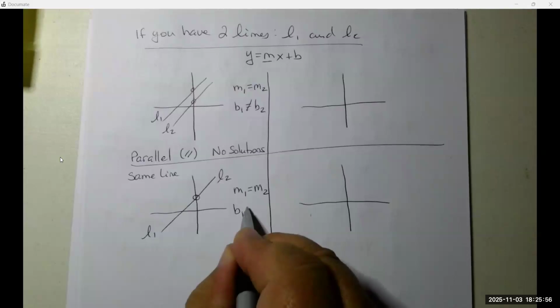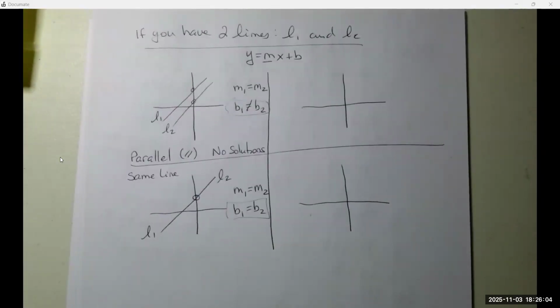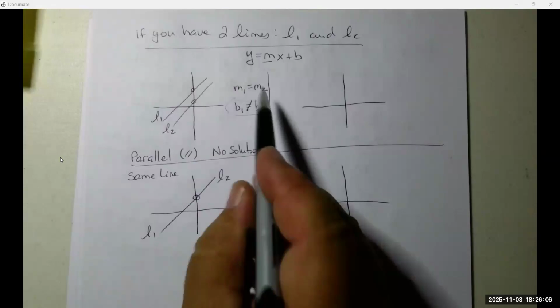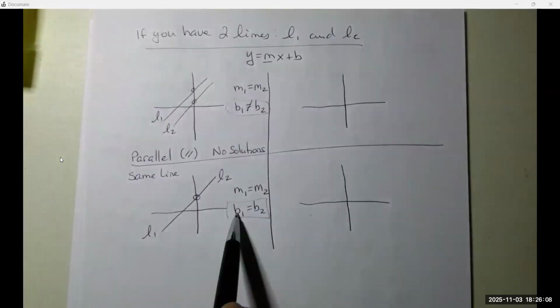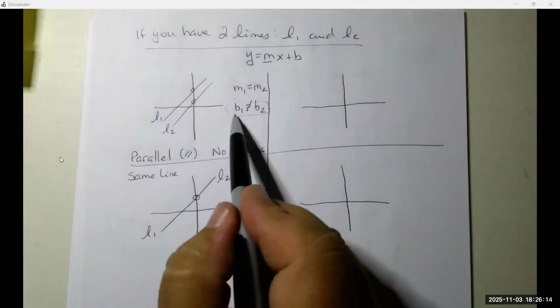And they have to have the same y-intercepts. So you notice that's the difference. If the slopes are the same, what tells them apart is the y-intercepts. If the slopes are the same and the y-intercepts are the same, they're the same line. If the slopes are the same and the y-intercepts are different, they're parallel.